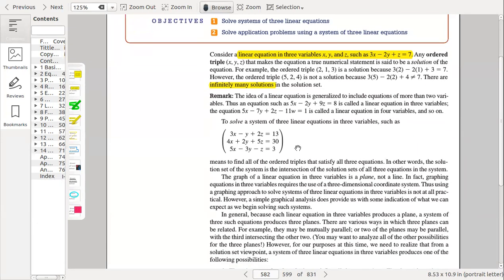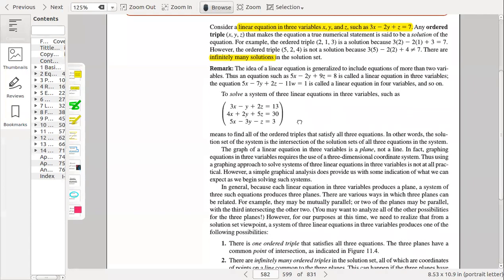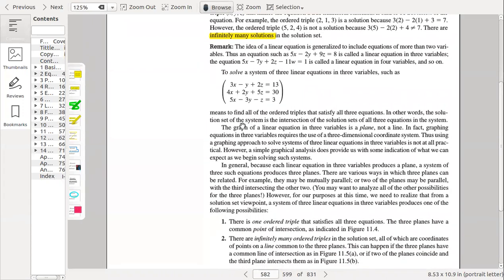So to solve a system of three linear equations in three variables, such as 3x minus y plus 2z equal to 13, 4x plus 2y plus 5z is equal to 30, 5x minus 3y minus z equal to 3, means to find all of the ordered triples that satisfy all three equations.